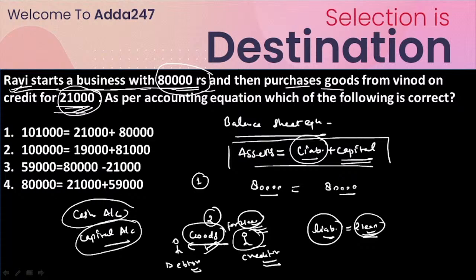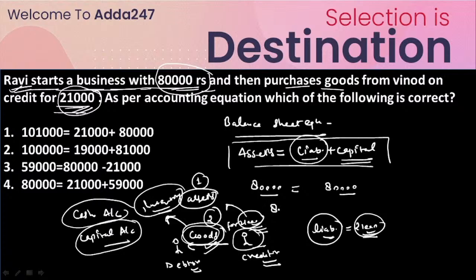Okay, and those goods are worth 21,000 rupees, so that will also be a part of our assets, isn't it? That is also a part of our assets, because now these goods are known as our inventory, or say these goods are known as our stock, so that will also be a part of our assets. So how do we represent it here?